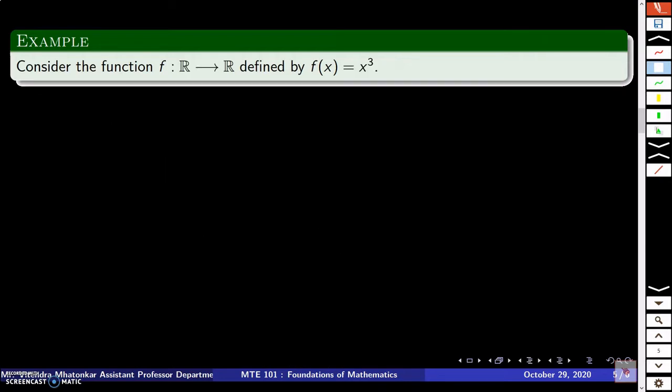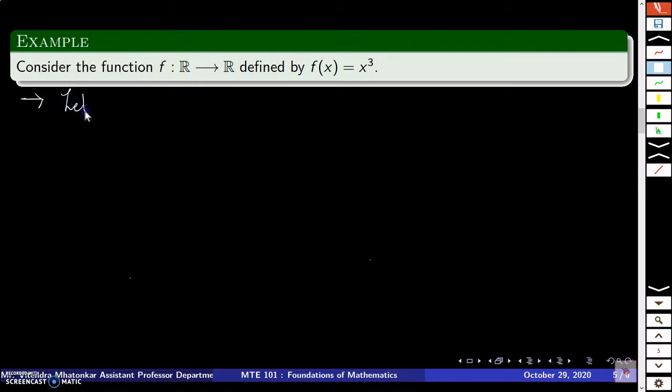Next, look at this function. Consider the function f from R to R defined by f of x is equal to x cube. Is this function 1-1? We will show that this function x cube is 1-1. Okay, so we need to prove that this function is 1-1. So to show that it is 1-1, what I have to do? I have to take two different points in the domain, right?